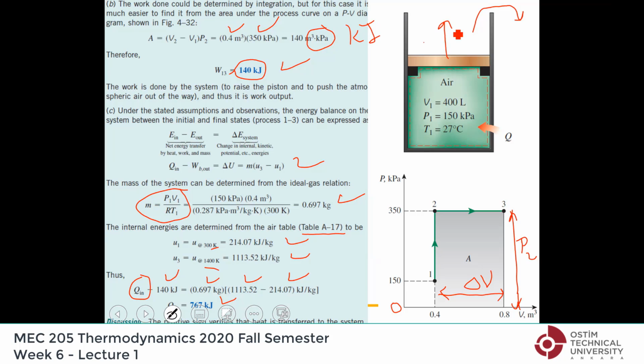That is to push this atmospheric air out of the way as the piston rises. Can we use volume of that? Yes, you can, which is the same as the volume change of the cylinder, right? Because it is how much the air is pushed out. It is the volume swept by the piston here.